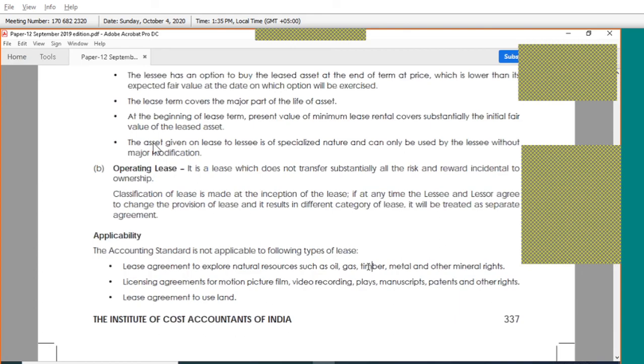If I use it in my business, I will generate revenue. I will make production, I will do manufacture, I will make revenue, and I will make profit. That is the reward, and that reward is transferred to the lessee. Lessor is the actual legal owner. Lessee is the user of the asset.